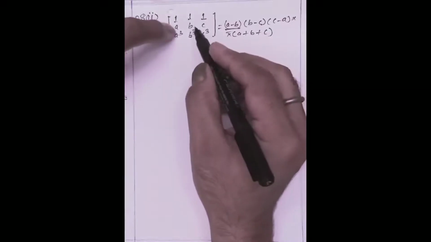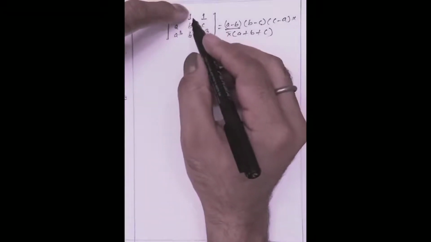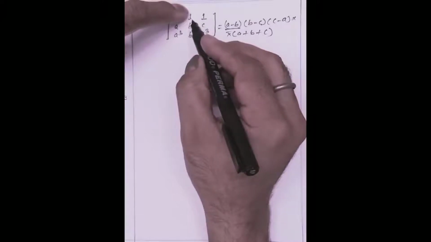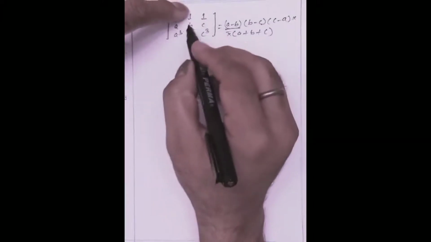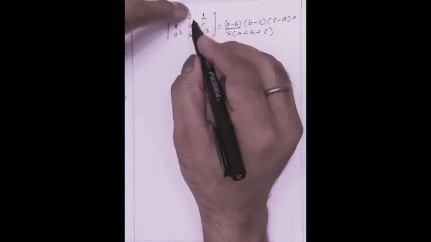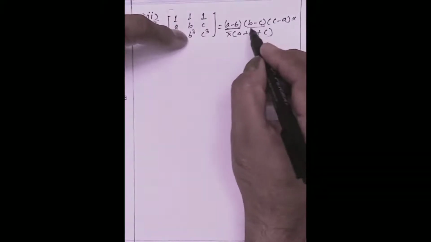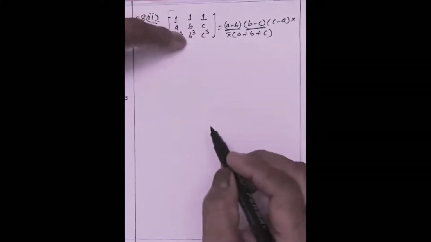In the right hand side. While giving another operation, that is 1 minus 1, C2 minus C3, then 1 minus 1 will get 0 over here, and then B minus C, and then B cube minus C cube. That is also our target.